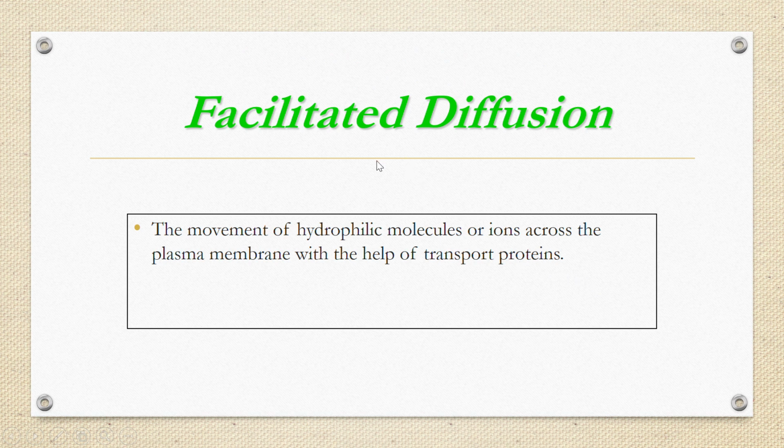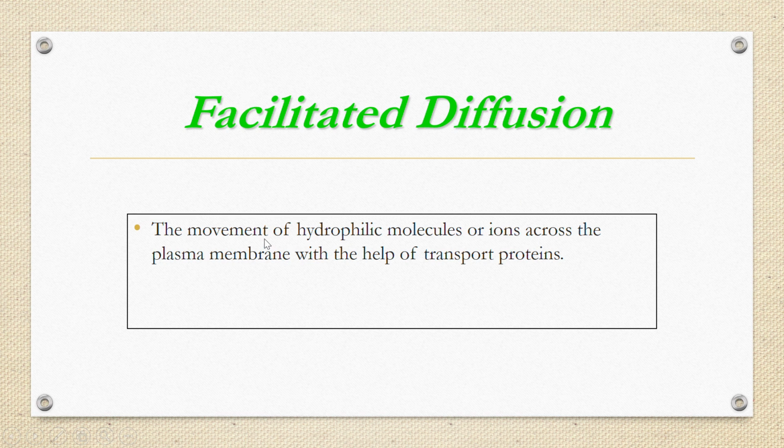Okay, the third passive transport is facilitated diffusion. Let's recap: we have simple diffusion, followed by osmosis, and now facilitated diffusion. All these three transports don't require any energy. So what is facilitated diffusion?